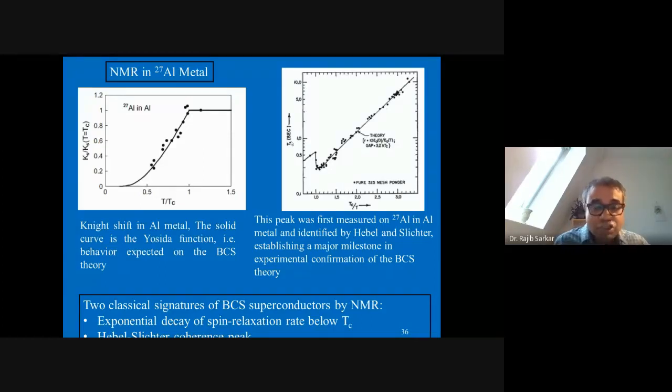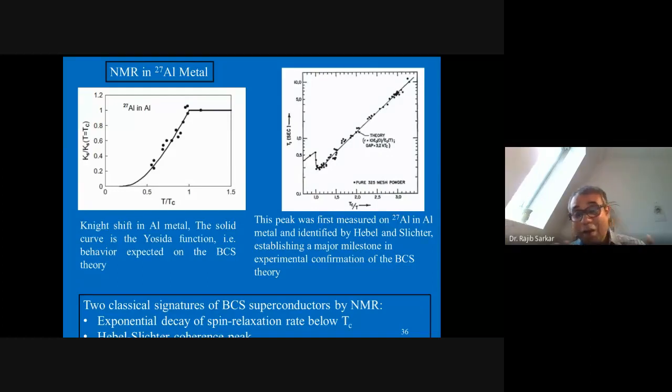So there are two classical signatures of BCS superconductors, Bardeen-Cooper-Schrieffer superconductors, that one can get by NMR. The first is exponential decay below TC, which means you have an isotropic gap in your system. The second is the Hebel-Slichter coherence peak.